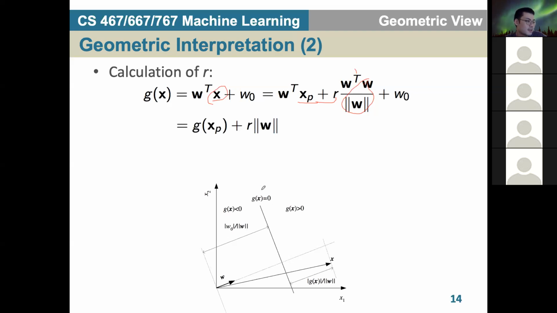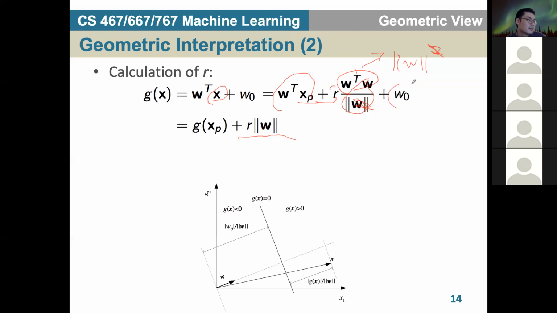And next, firstly, for now you should know what this is. This is your vector length squared. I hope now you should know it. This is the inner product of the vector with itself. It's w1 squared plus w2 squared. So this cancels one with this, and it's r times the norm of w, which is this. Additionally, we have two terms.